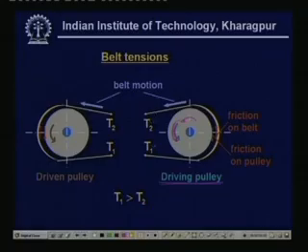Now, the simple idea of friction will suggest in this particular manner. Just for the purpose of explanation, this belt has been drawn a little away from the pulley. Actually, it will be touching, but just for explanation purposes we are putting it a little away from the pulley. So, when this pulley starts rotating, what is the idea? The simple nature will say that this belt will exert a friction force onto the pulley in the direction as shown over here.